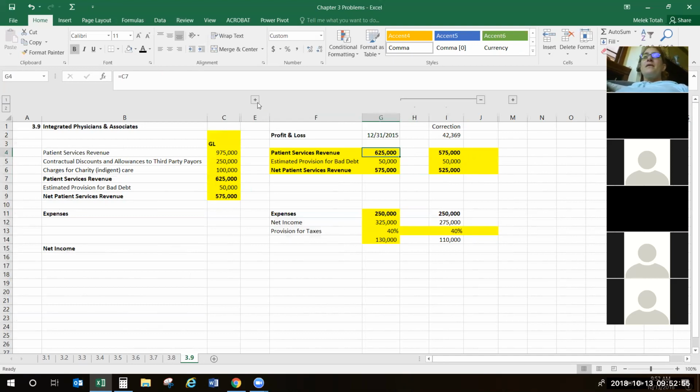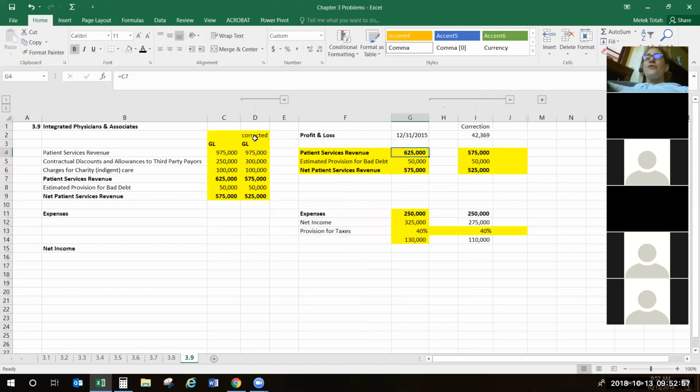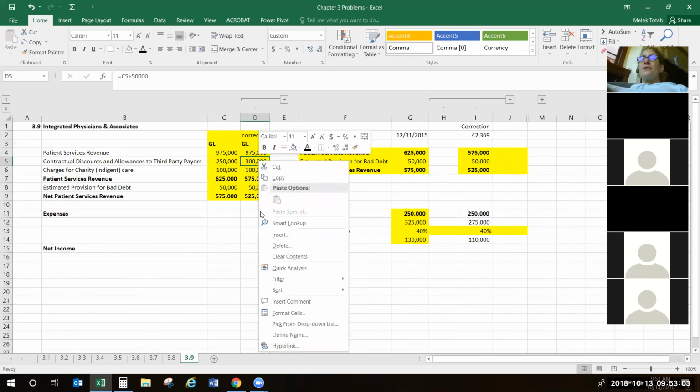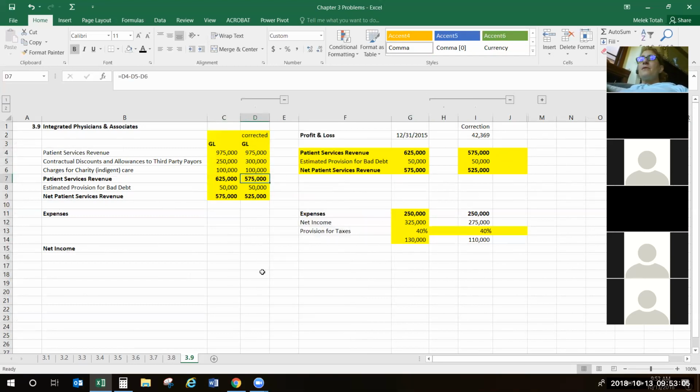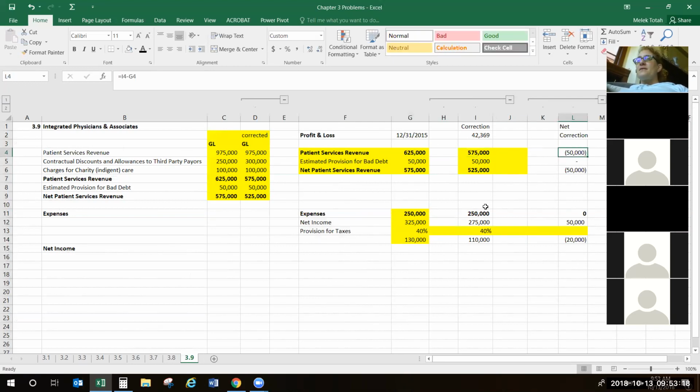So that means that actually the corrected number would have been 300 here, right? You see that? So instead of 200, it's 300. So that means your net number would be 575, instead, right? So that means that you've got a difference here in your revenue of 50,000. It's 50,000 less, essentially, than you originally reported, okay?